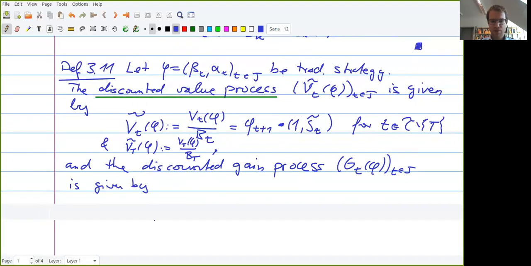So gain, of course, at time 0, there are no gains, right? So the gain process, if we trade with respect to the trading strategy phi at time 0, has to be 0, right? At time 0 we couldn't have produced any gains.